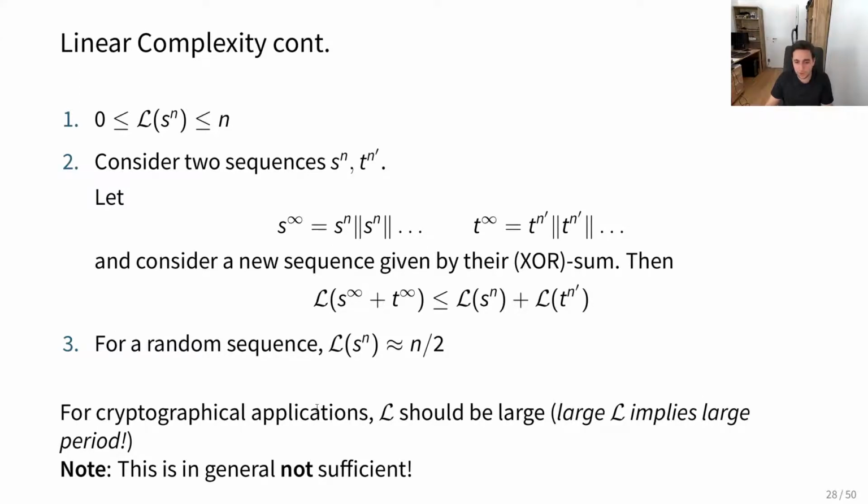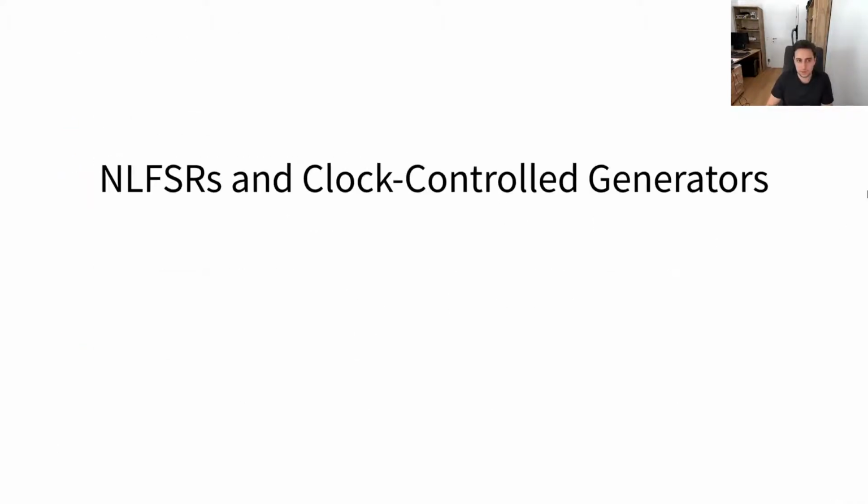And what we try to do, of course, for cryptographic applications is to have a very large linear complexity. But in general, this is not sufficient. So we try to have something more than that.